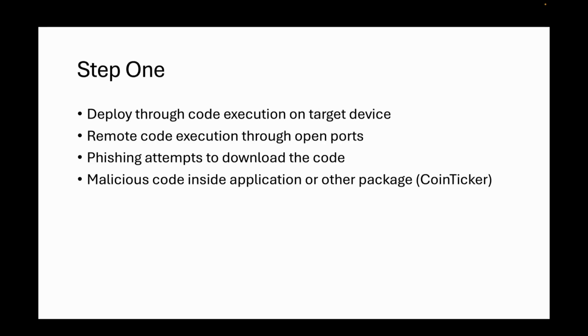Step one is basically going to be deploying through code execution on the target device. This can be remote code execution through open ports like 80 or 443, which are pretty common ones. It could also be phishing attempts to download the code. And as I said earlier, there can also be malicious code inside applications, like the coin ticker example.